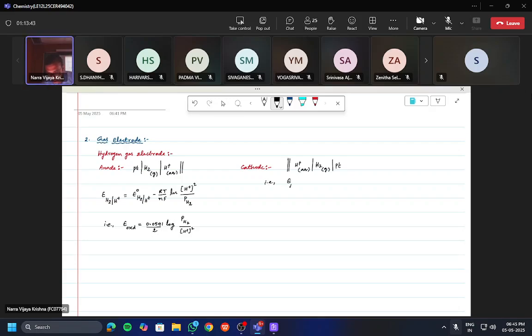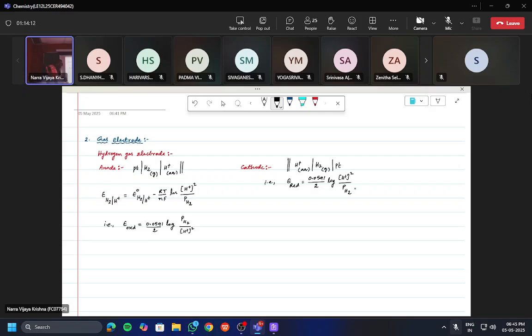E reduction is equal to 0.0591 upon 2 log of H plus square upon P of H2. Reverse it, then this also gets reversed. Correct? Can I use hydrogen gas electrode as cathode as well as anode?